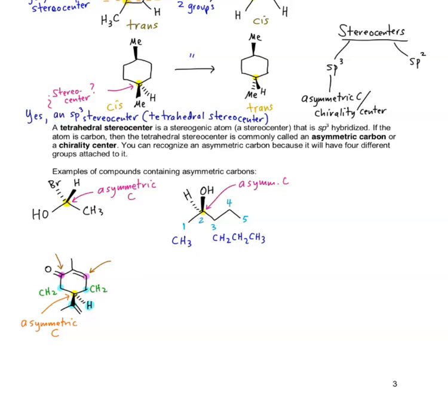So what you want to do is keep moving away from the carbon you think is asymmetric, whether that's around a ring like we did here, or down chains. You might have a carbon that has some long chains attached to it, and you want to figure out if they're the same or different.